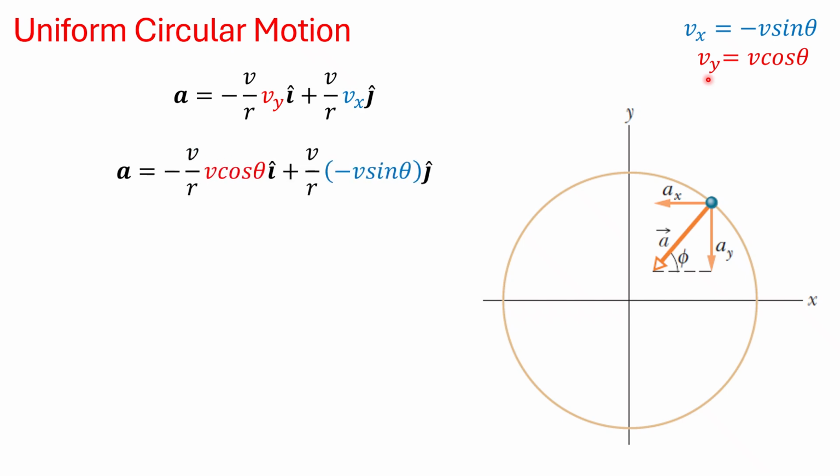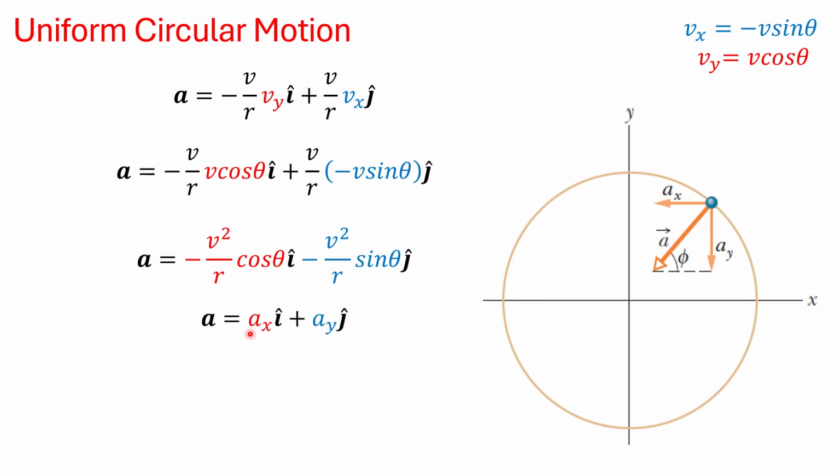If we substitute that, we will be able to obtain something very interesting: a is equal to minus v squared upon r cos theta minus v squared upon r sin theta. So both ax and ay components, you can locate, are in the negative direction.